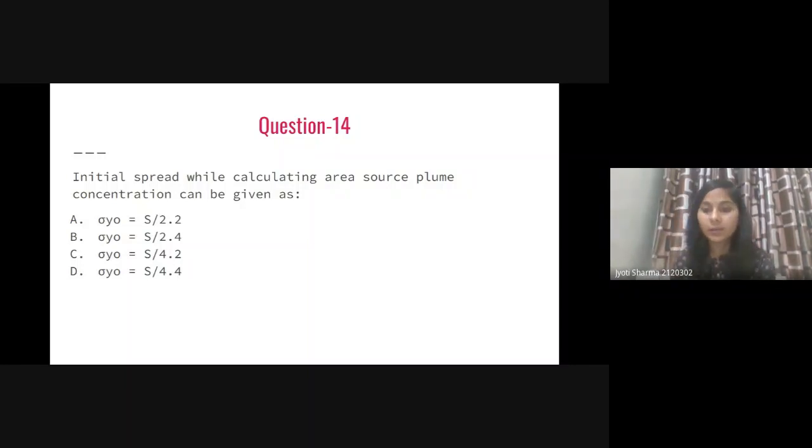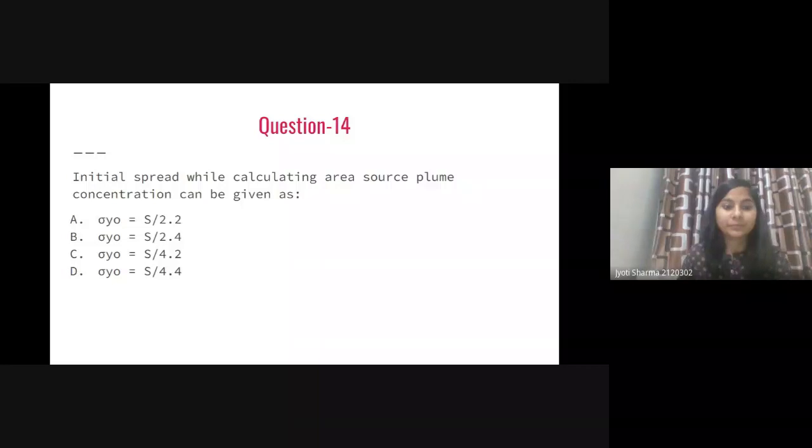Nishant gave me answer C. This is related to the area source plume and area source modeling.